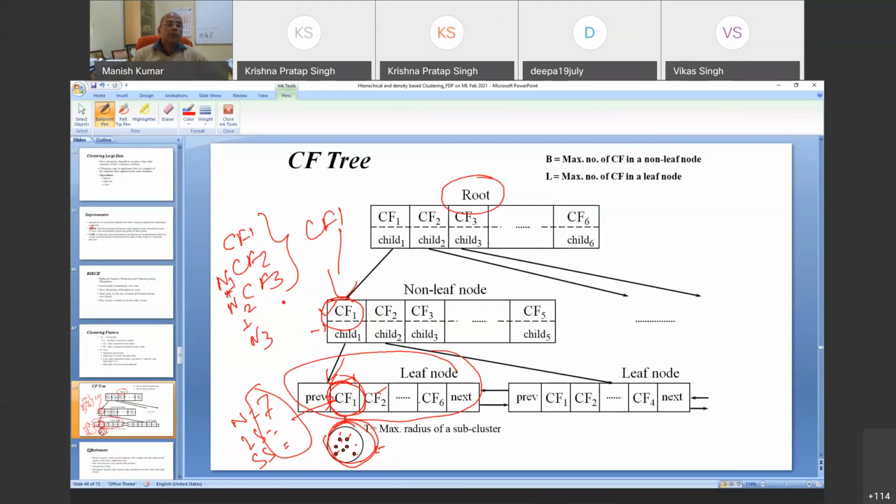Then LS1 plus LS2 plus LS3, and then SS1 plus SS2 plus SS3. That will give you the CF1 of this particular node. Similarly, it will be generated for this one. So this is the way of keeping the information in the tree.